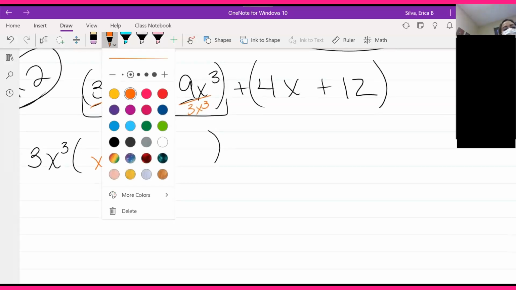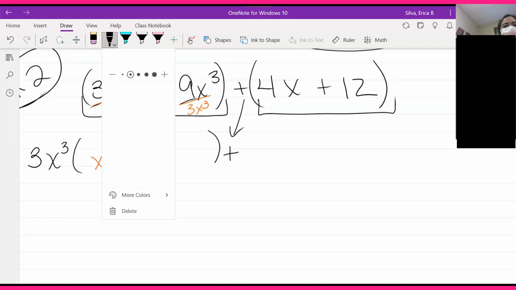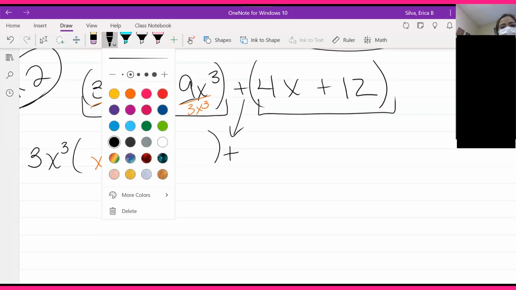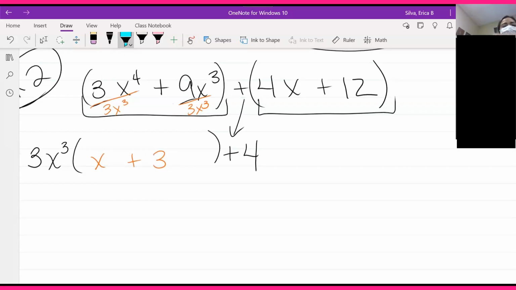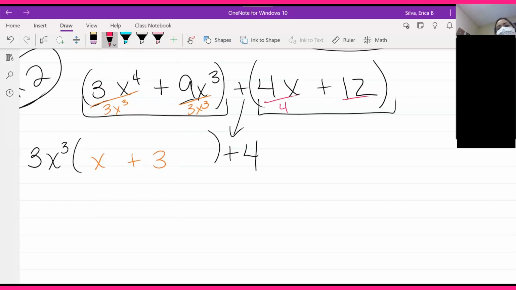Now let's look at the second group. Bring down that plus sign. GCF between 4x and 12 is 4. We want to divide each one by a +4.